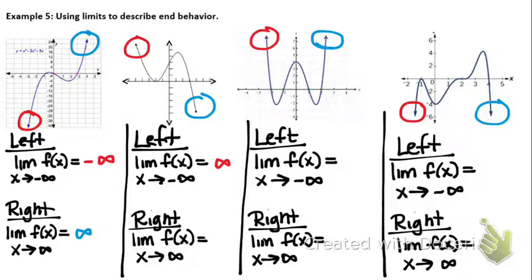The right side is approaching negative infinity. Now for the last two, because they're even, the left and right are the same. So I'll give you a minute to fill those in.